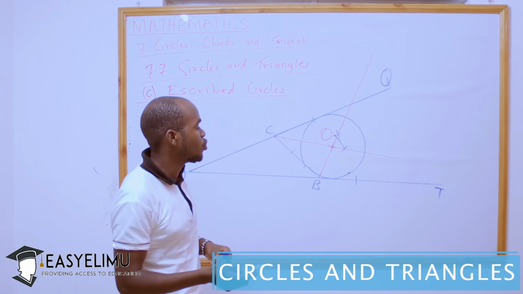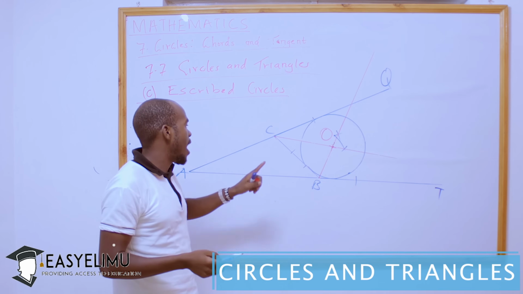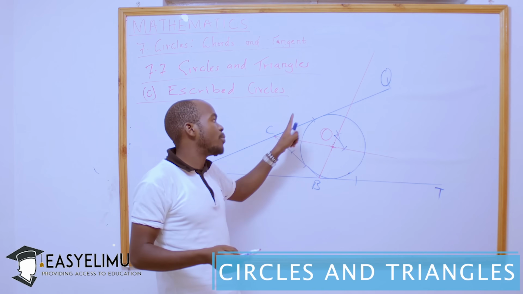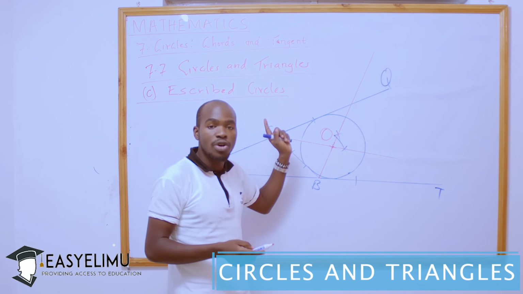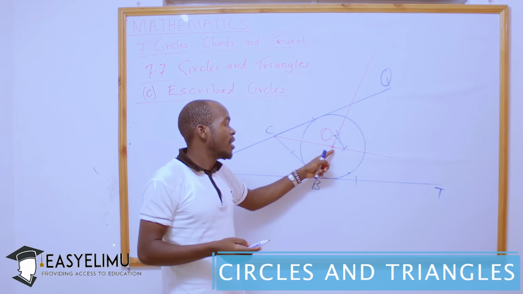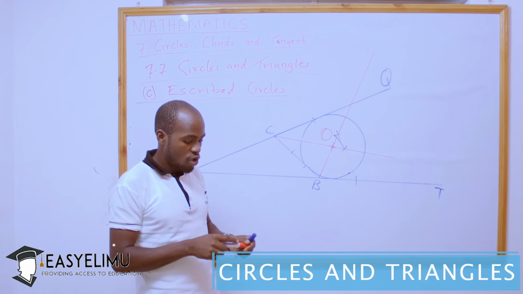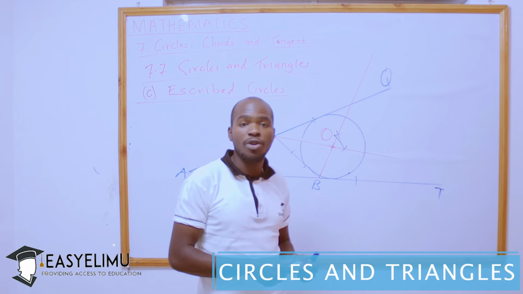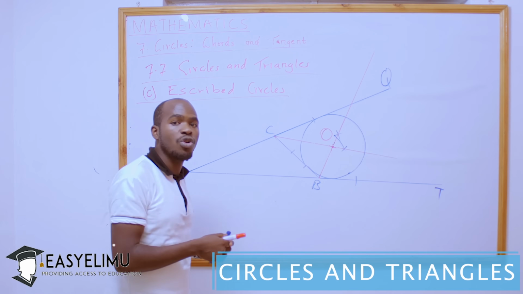So it touches the three sides: AB produced at this point, CB at this point, and AC produced at that point. This circle is what we refer to as the inscribed circle, and where we have that center is known as the excenter. So with that, we have seen how we can construct given circles from given triangles and the rules which guide them.